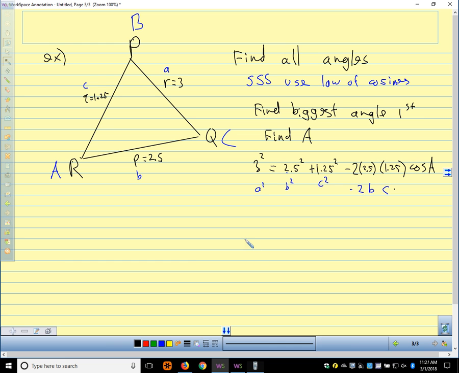So 9 equals 2.5 squared, whoops, sorry, 1.25 squared is 1.5625. 2.5 squared is 6.25.